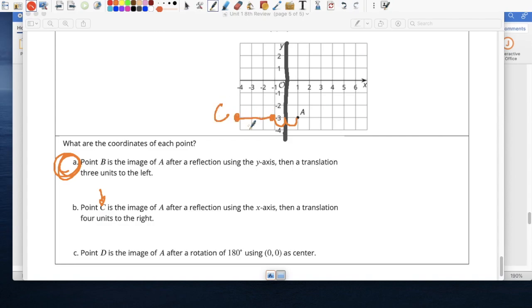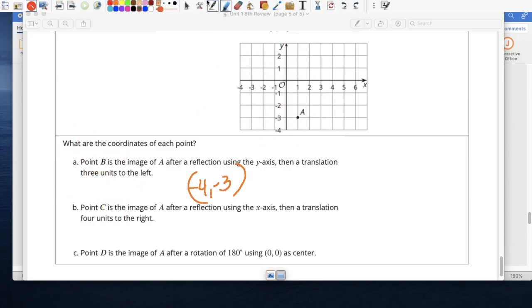There is C. I meant B. So B, because we're doing this one, right? B, so we reflect it over the y-axis, and we count 3 to the left. So the answer is -4, comma, -3. Okay, sorry.